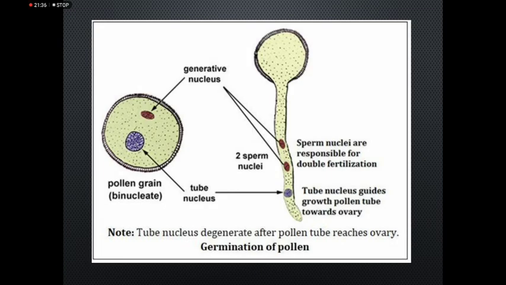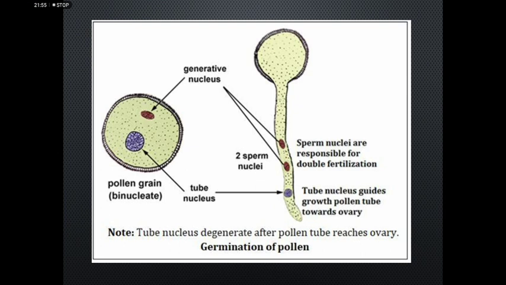Here in this picture we can clearly understand the idea. A typical pollen grain contains two nuclei. One is the vegetative nucleus or tube nucleus and the other is the generative nucleus.